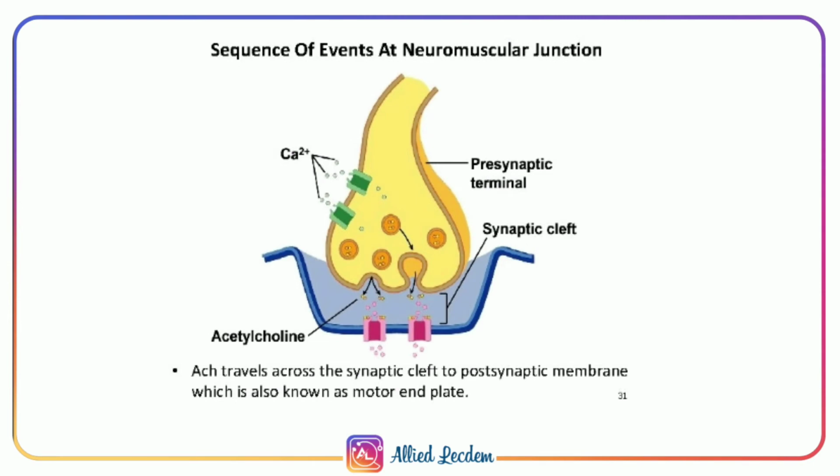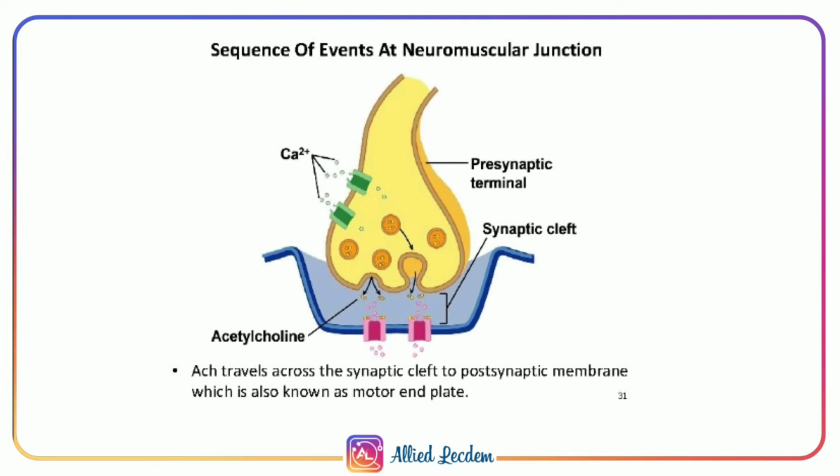Acetylcholine is released from the ruptured vesicle by exocytosis, diffuses through the presynaptic membrane and enters the synaptic cleft. It travels across the synaptic cleft to the postsynaptic membrane, which is also known as the motor end plate.